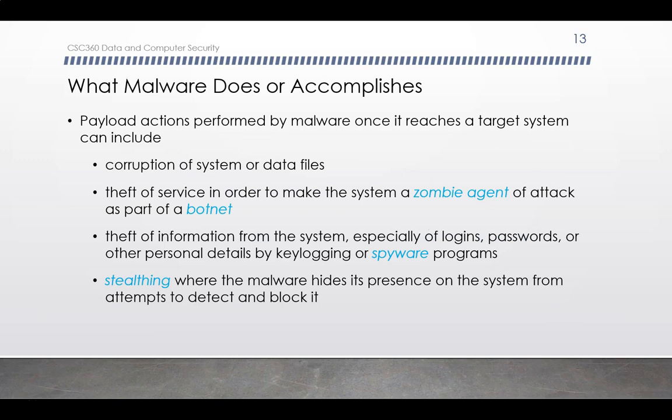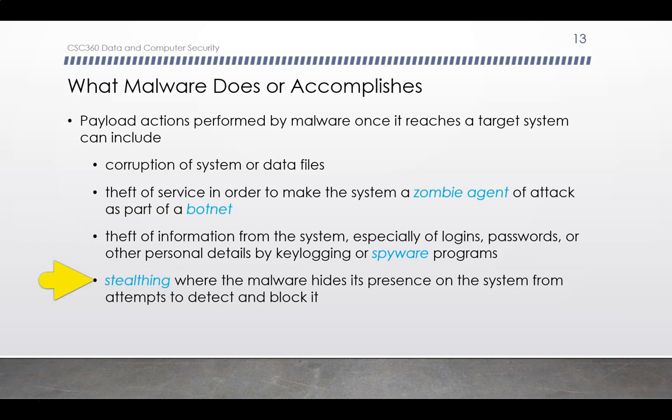So what does malware actually do? Payload actions performed by malware, once it reaches a target system, can include corruption of system or data files, theft of service in order to make the system a zombie agent of attack, part of a botnet, and theft of information from the system, typically things like login credentials, but also other personal details captured through keylogging or spyware programs.